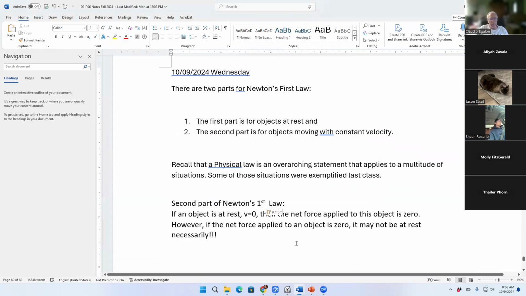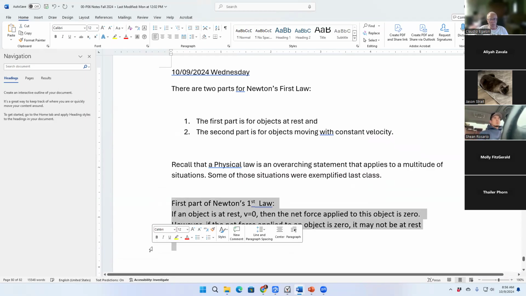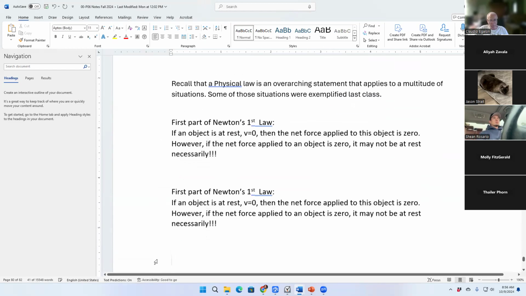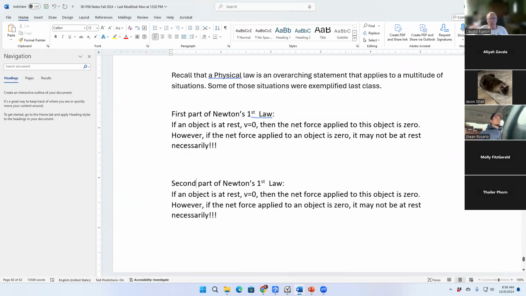I'll get both side by side here. I'll just restate them here and then I'll copy it. It's not much difference, the second part. The second part of Newton's first law is not much different.